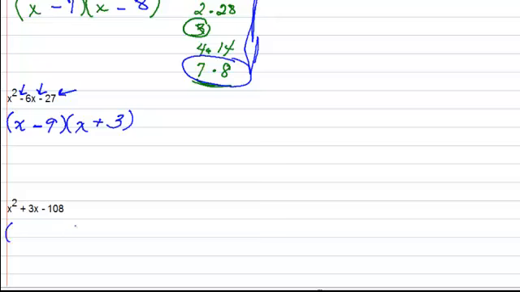Again, trinomial, leading coefficient of 1. We've got an x and an x. And now we've got 108, and this is where things can really get dicey because it's a big number. So I really highly recommend that you start making your list. So it's 1 times 108, 2 times 54, and then we have to keep going.